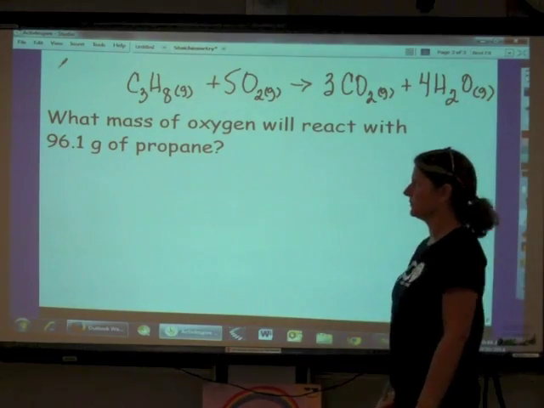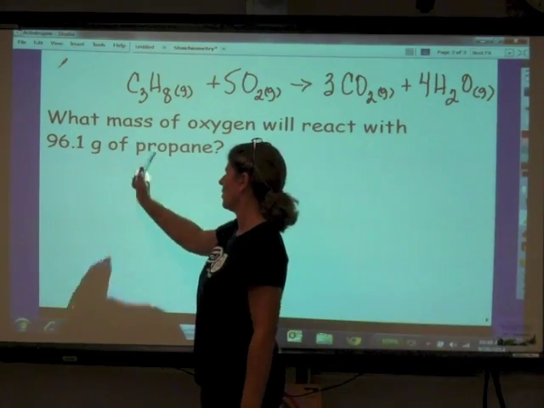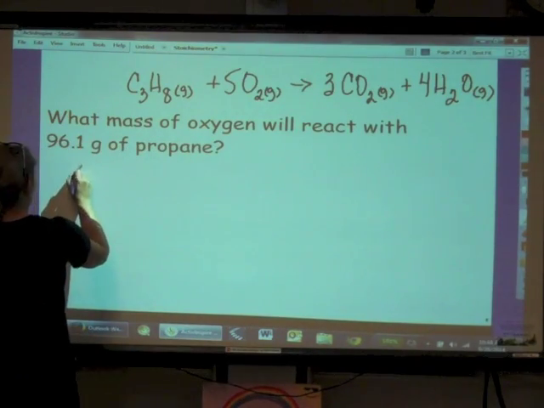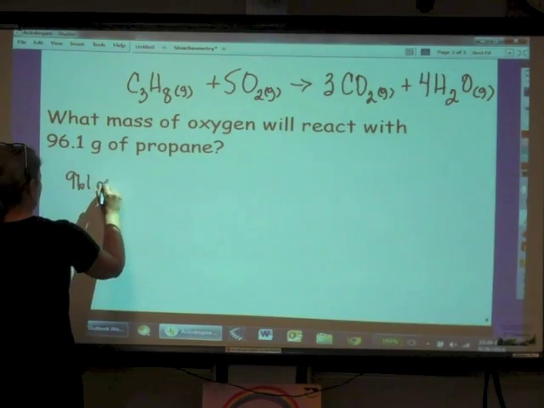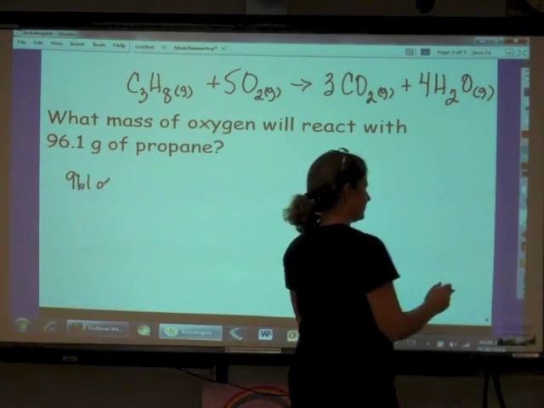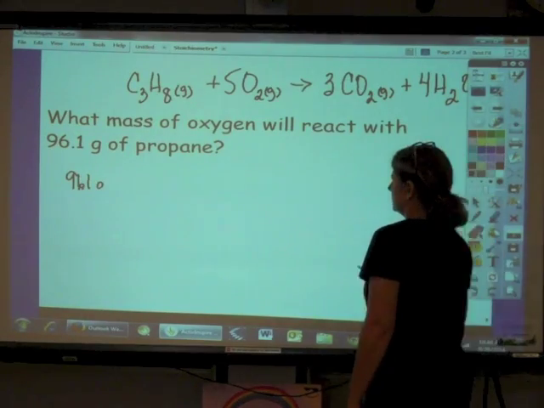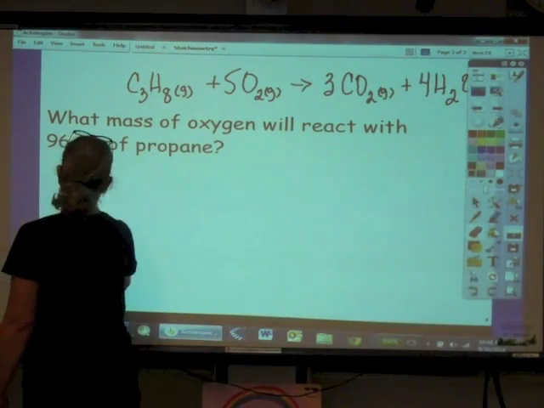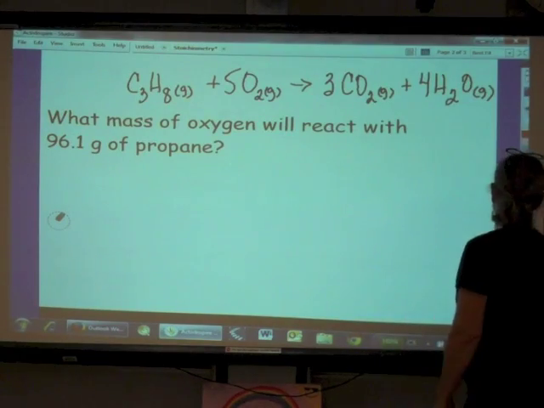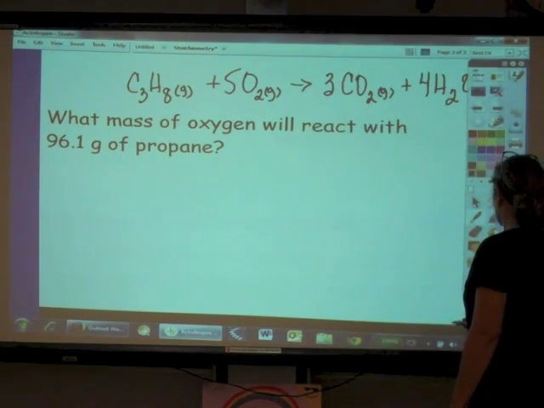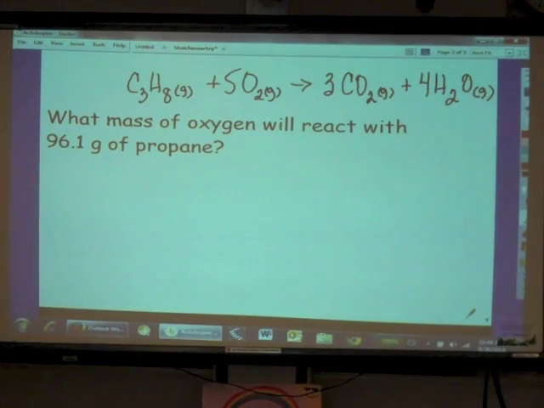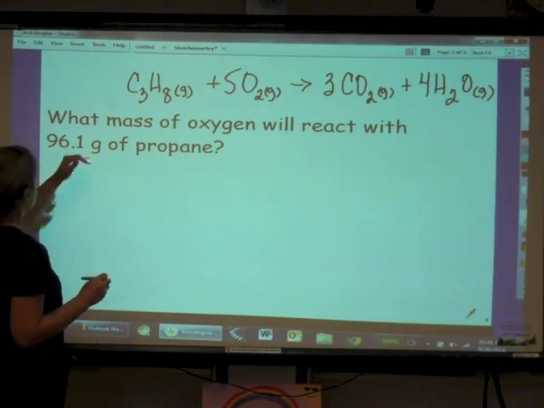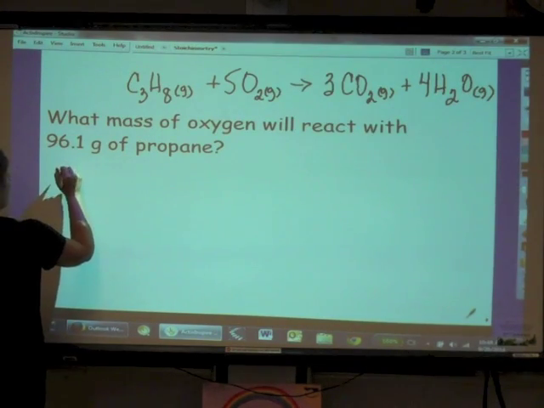We are given 96.1 grams of propane. We always begin with what we're given, which is, in this case, 96.1 grams of propane. And we're going to put that over 1. And that's how we're always going to begin.